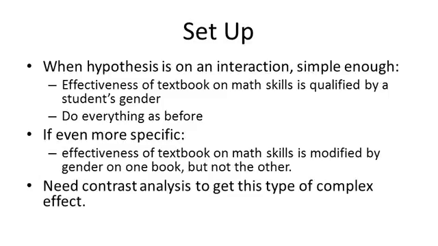You do the same stuff as before and test, and you can say whether that's true or not. If you actually want to say something more specific, like maybe the effectiveness of a textbook on math skills is modified by gender on one book but not on the other book, then at that point you need contrast analysis to get this type of complex effect.